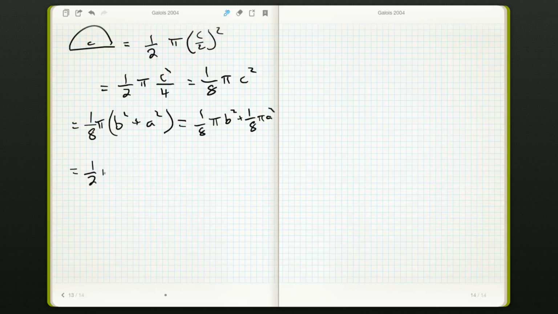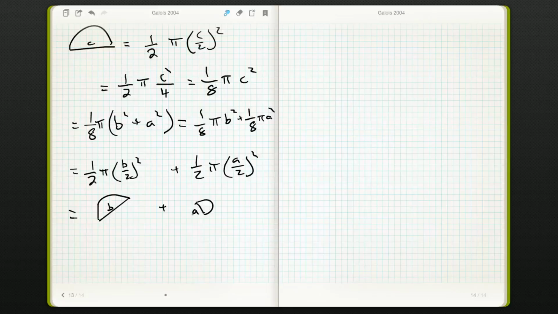But then that's 1/2 pi (b/2) squared plus 1/2 pi (a/2) squared. But that's exactly the area of the semicircle that's got diameter b, and the area of the semicircle that's got diameter a. So this result is true regardless of whether or not c is that nice special point where you get an isosceles triangle. This is true in general.